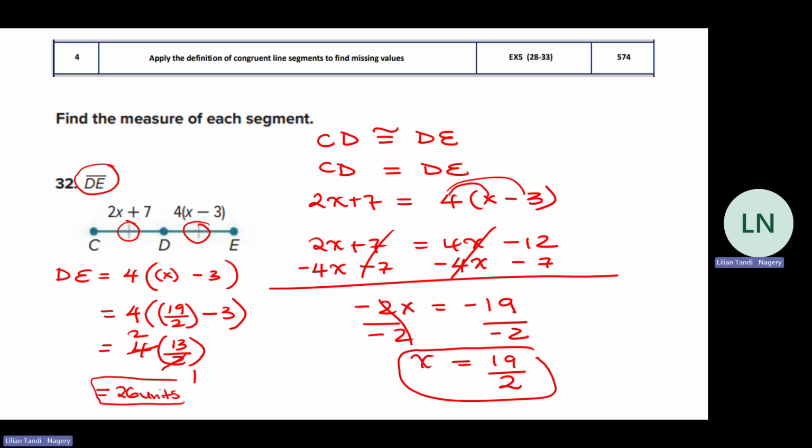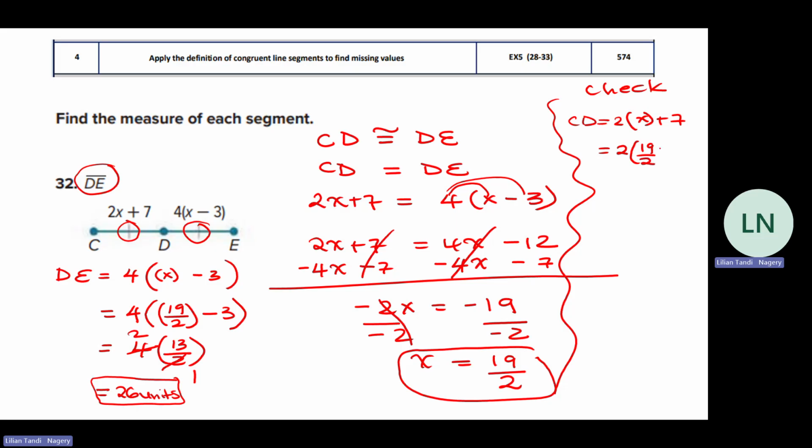Okay, now I want to confirm that my answer is correct. So what should I do here? Let me check. I should get 26 for CD. I am checking CD to see if I get 26. If I don't get 26 units, I did something wrong. So this is 2 parentheses x plus 7. This is 2 parentheses 19 over 2 plus 7.